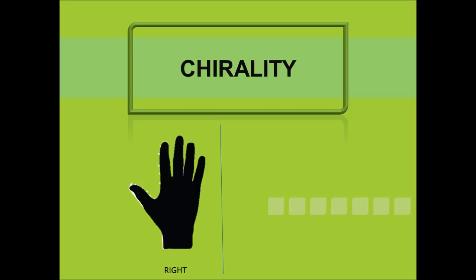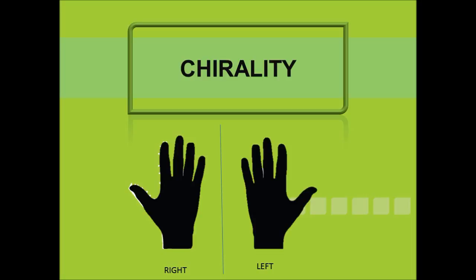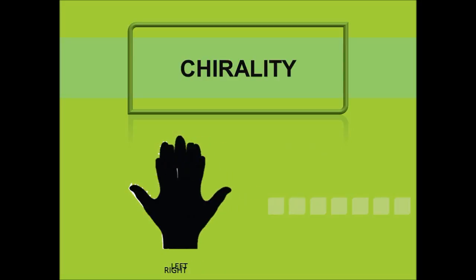However, if you attempt to take your left hand and place it over your right hand, these are what we call not superimposable, meaning you can't take them and place them on top of the other and get the same molecule. They are different. Your left hand is different from your right hand. We call this phenomenon chirality.